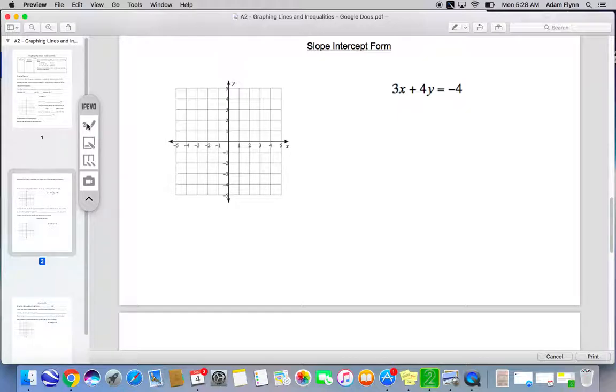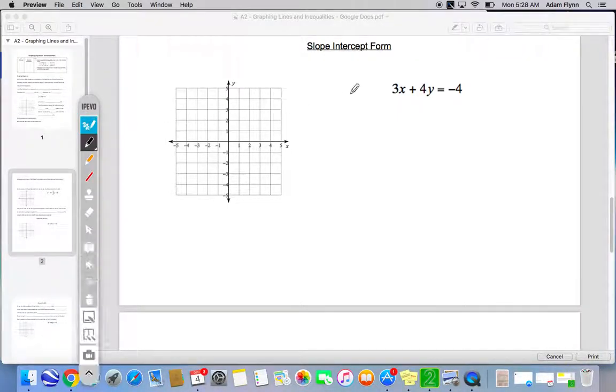So using slope-intercept form. To get this in slope-intercept form, I need to solve for y. So I'll subtract 3x from both sides. So 3x minus 3x cancels. So I'm left with 4y equals negative 3x minus 4.